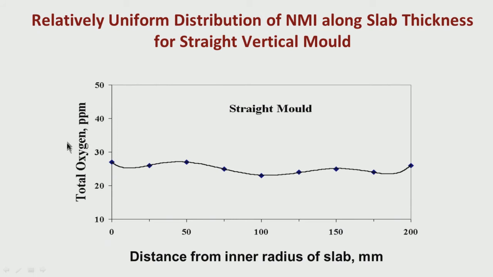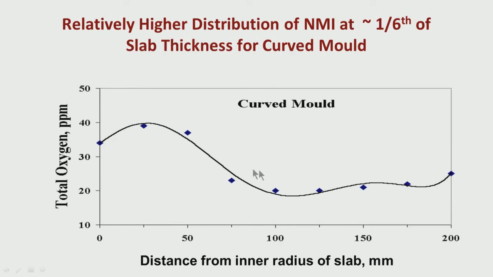If the level here is around 30 or 25, the remaining oxygen is present as oxide inclusions, as oxides. So, total oxygen is giving an indication of the oxide cleanliness. In both the cases, the average level of cleanliness is more or less the same, but here a certain area near the inner radius has more inclusions.